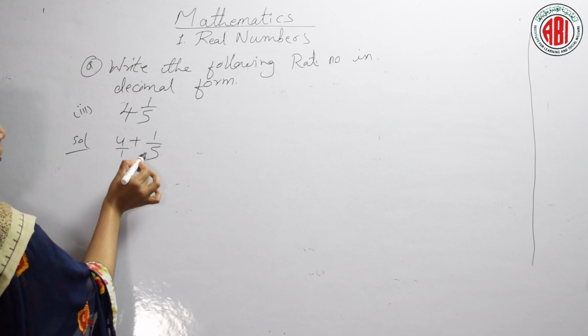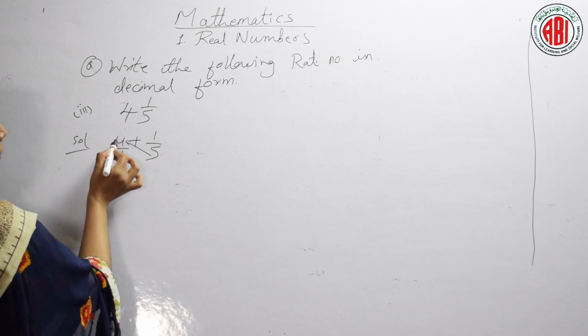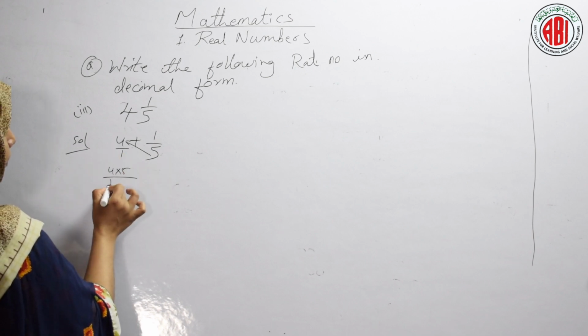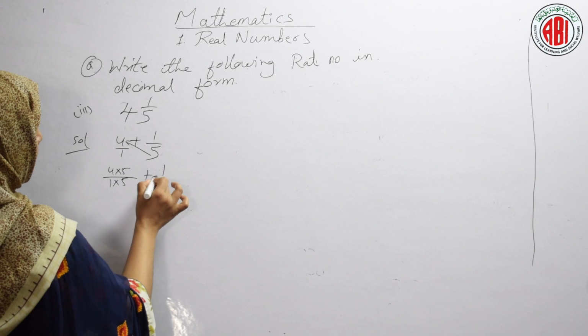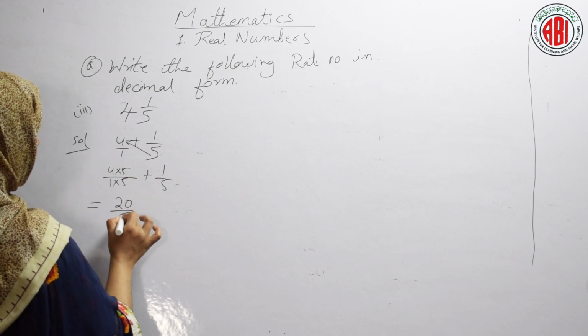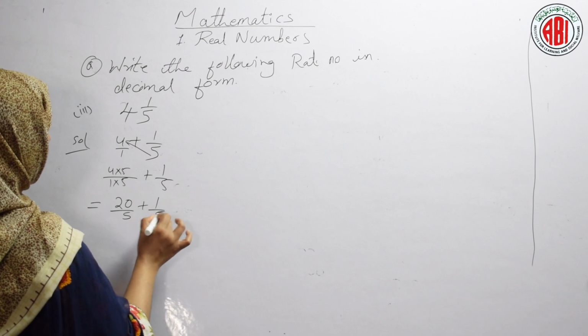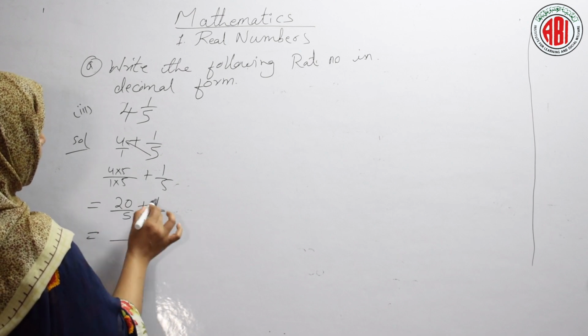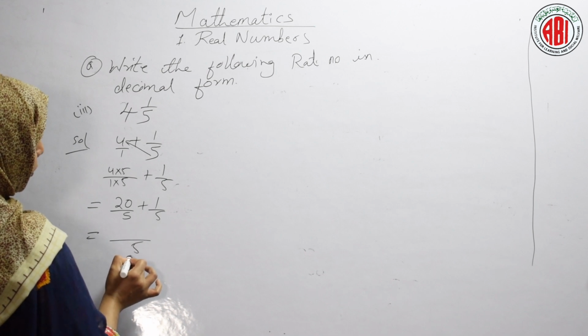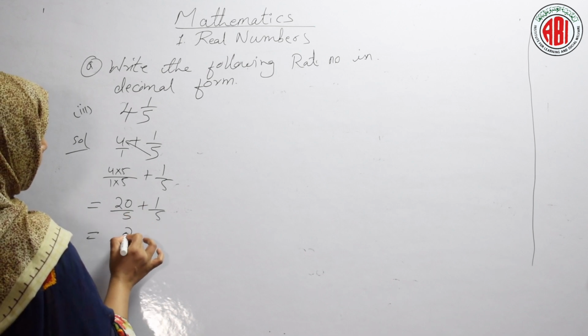So this 5 we have to cross multiply over here, 4 into 5 by 1 into 5 plus 1 by 5. 4 5s are 20 by 5 plus 1 by 5, so 20 plus 1, because the denominators are the same, we can write it as common, 20 plus 1, 21.